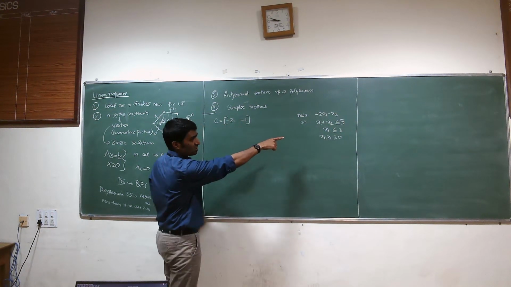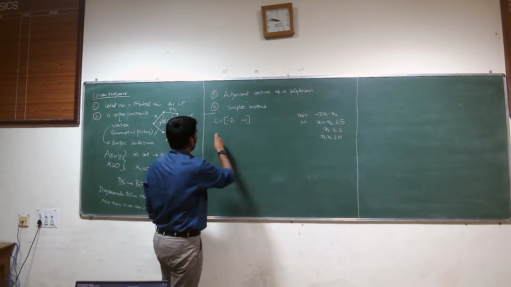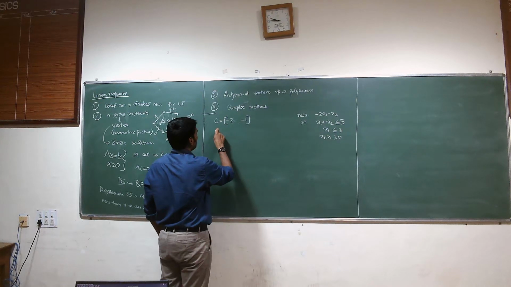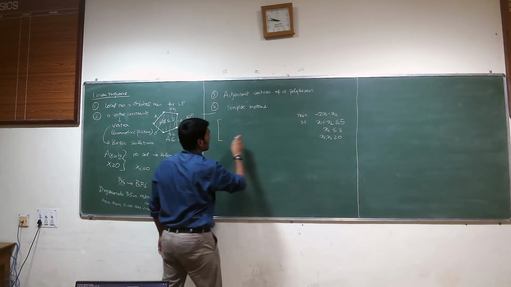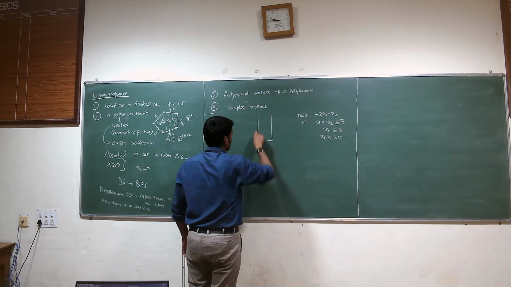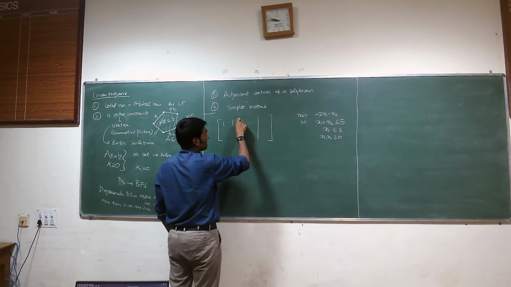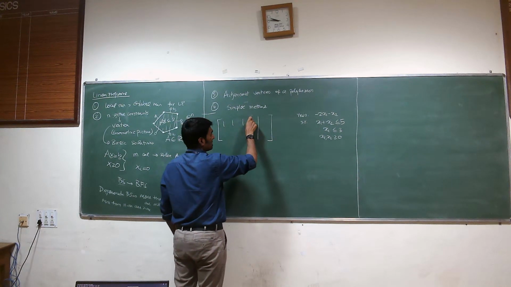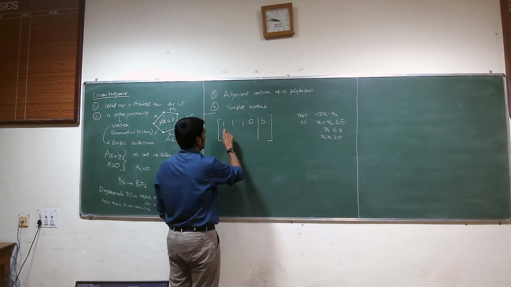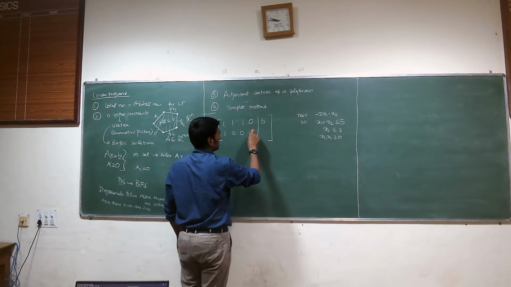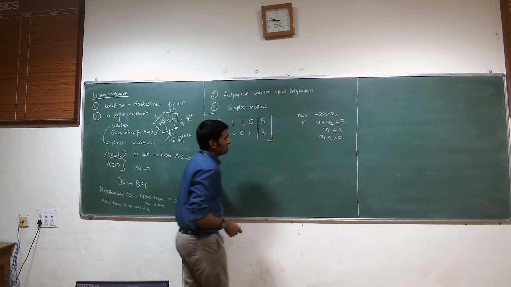Okay. This is not in the standard form. When you convert it into the standard form, what is the augmented matrix? 1, 0. Okay.